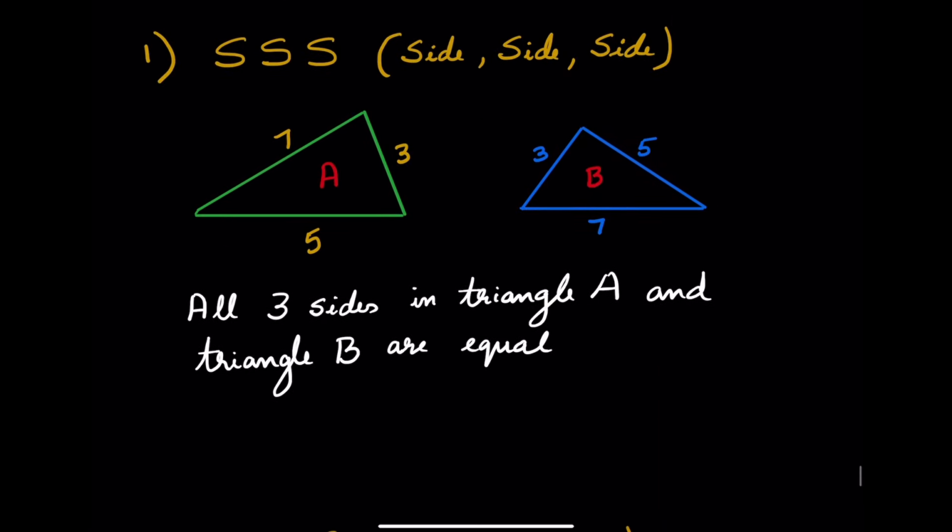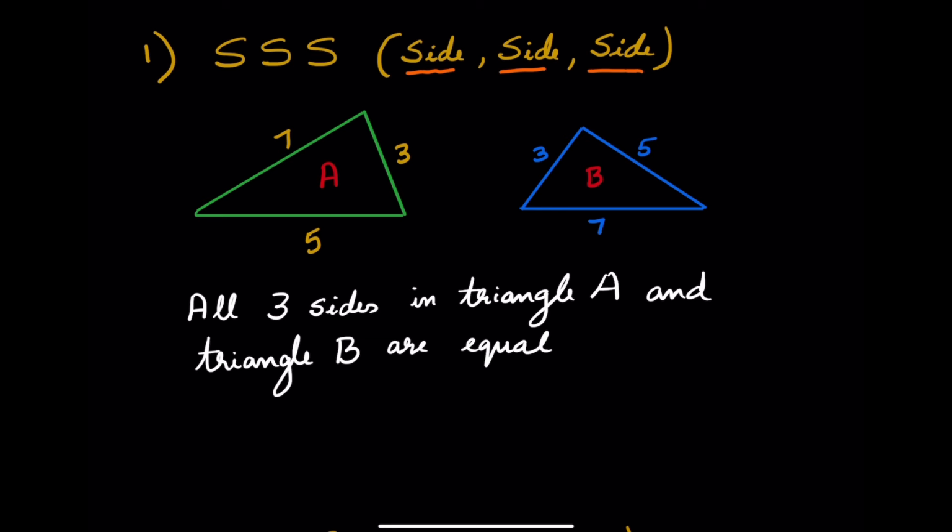So the first one is SSS. If you notice here, this criteria involves three sides. The definition of this type of congruency is that in two triangles, all the three sides are equal.